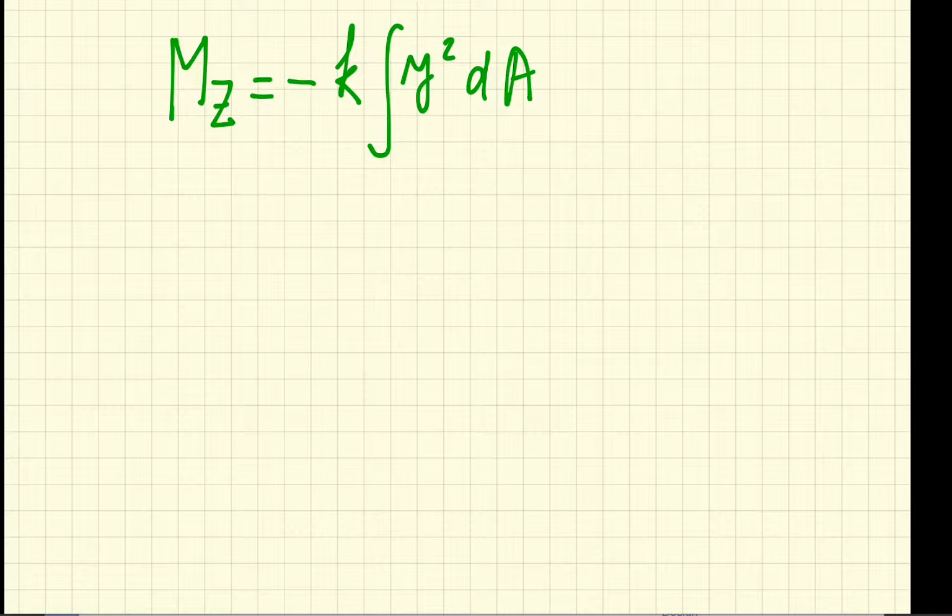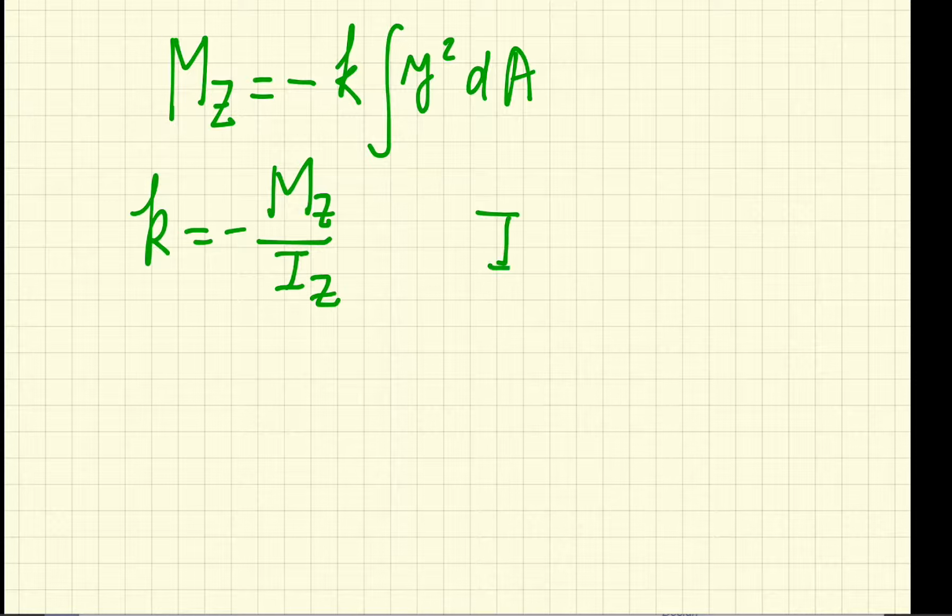Therefore, from this equation, we can find that k is equal to negative m sub z divided by I sub z, where I sub z is the second moment of area.